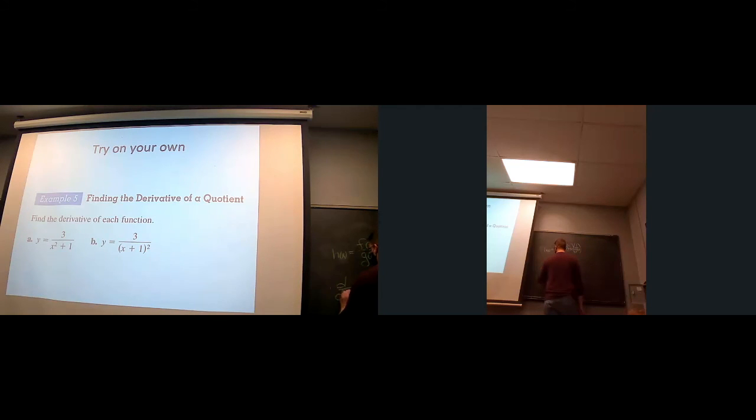d dx of f of x over g of x is equal to 1 over g of x times d dx of f of x plus f of x times d dx of 1 over g of x.